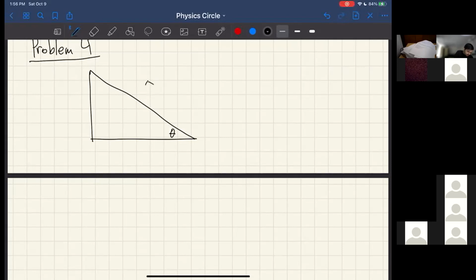Like you have a block and you're dropping it like this, and right before it hits the incline, it has speed v downwards. So you dropped it from some height, and right before it hits the inclined plane, it has speed v. Once it hits the inclined plane, it starts sliding down. So what is the new velocity?